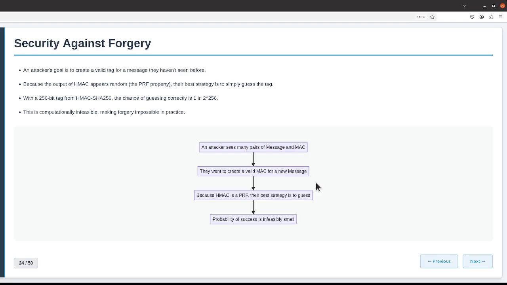The attacker has no better strategy to create a valid tag for a new message than to simply guess a random value. If the tag is 256 bits, from SHA-256, the probability of guessing correctly is 1 in 2 to the power of 256, which is astronomically small. For all practical purposes, it is impossible.